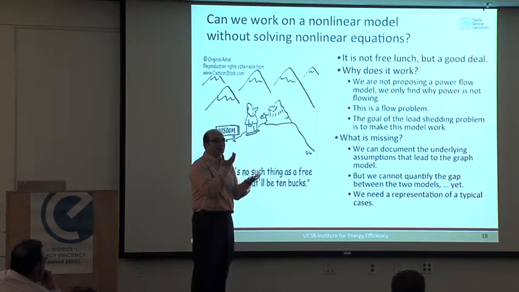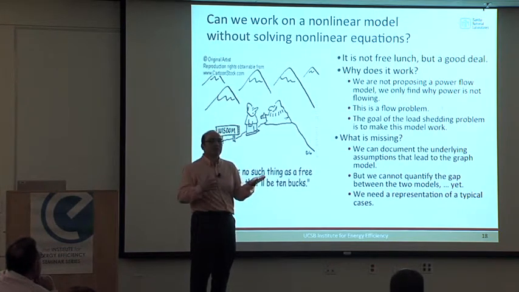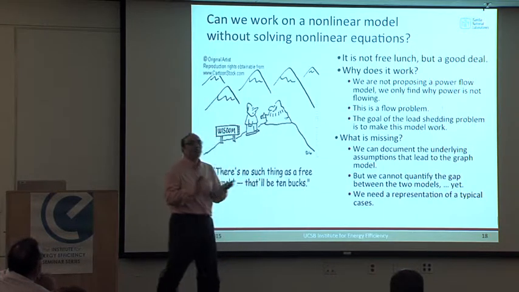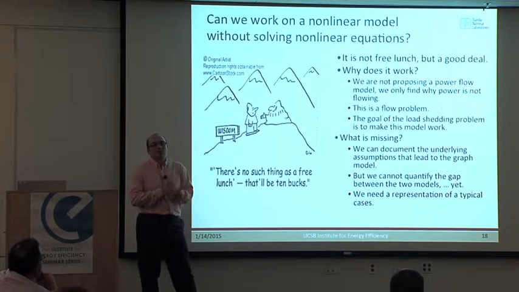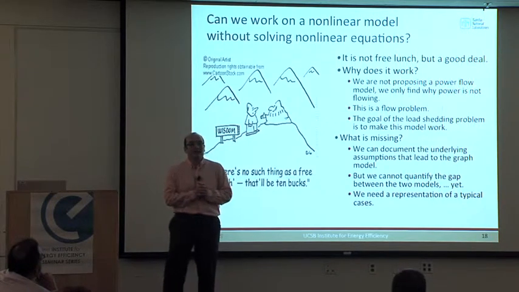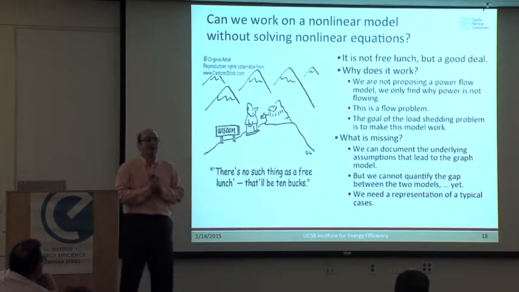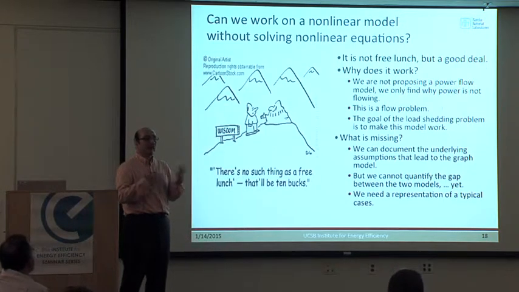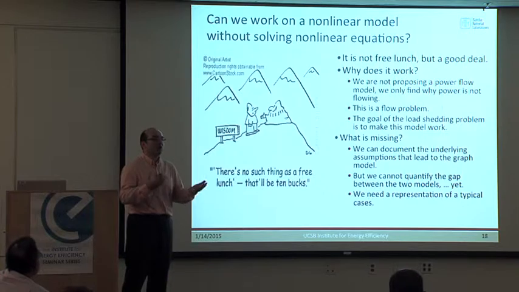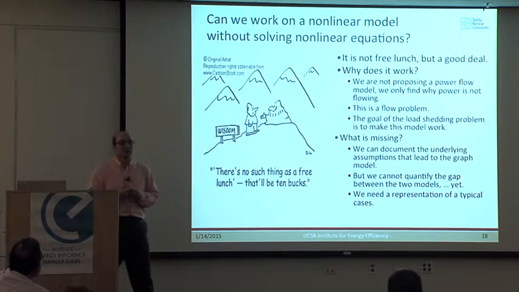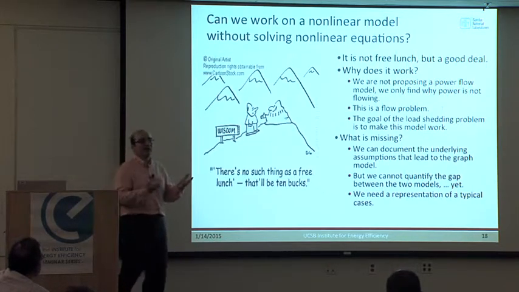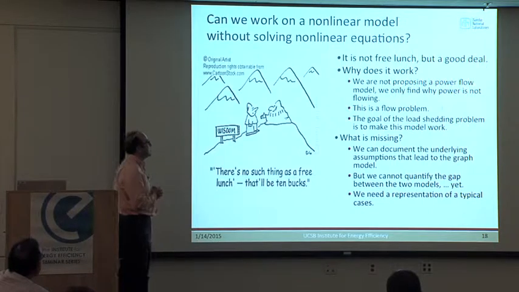So either you will shed it or you'll transfer it to the other side. And when you're solving this problem, of course, you are trying to match this lower bound on load shedding. So what I'm giving you is a lower bound. And if you're looking at significant blackouts, where you have to shed like 10% or 5% of the load, then you have a lot of freedom to make the approximation work.